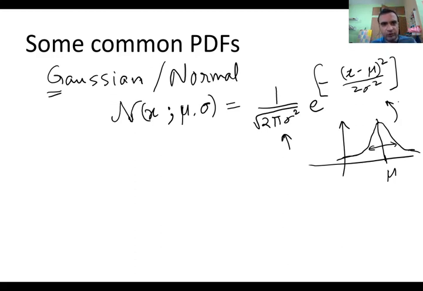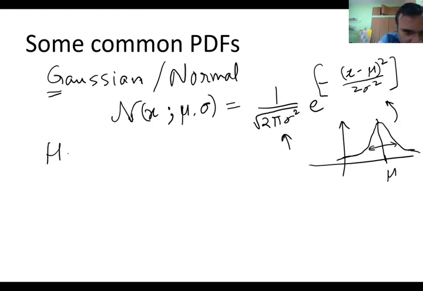The other thing to note is that with these continuous PDFs, right? There are other things that you can do that are similar to what you would do for a discrete random variable, where instead of summation we'll have integration.